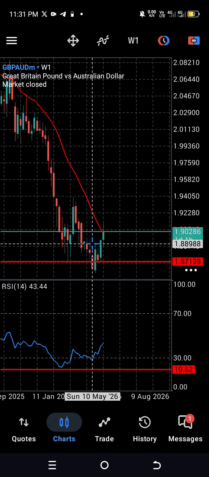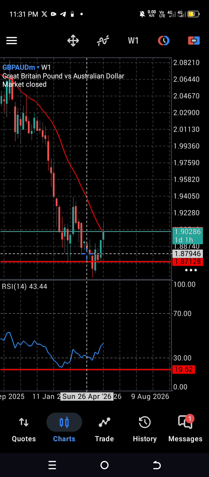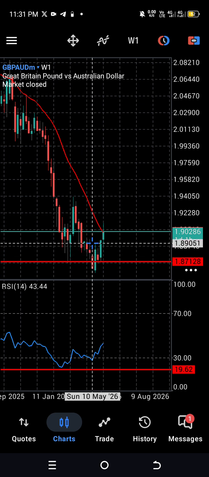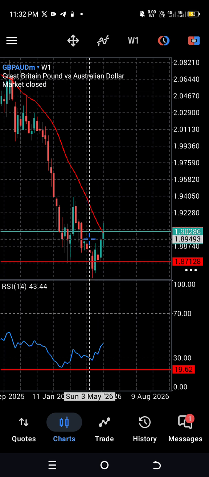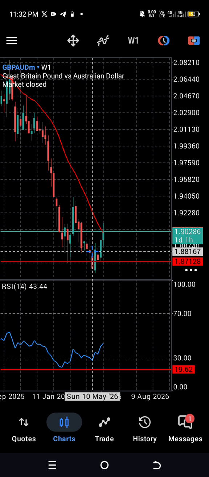Look at it. This candle on May 17 is our confirmation signal. As the candle closed bullish, it closed as a buy candle. Look at what happened. You place your trade.